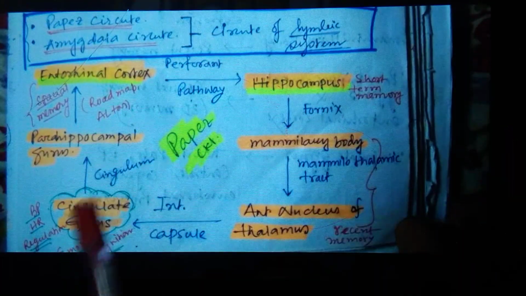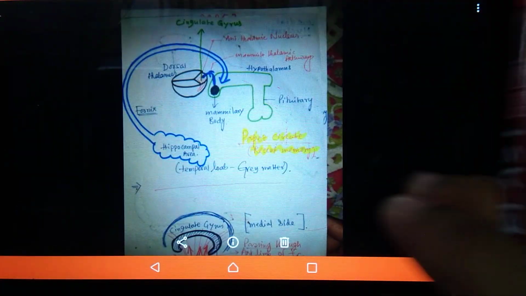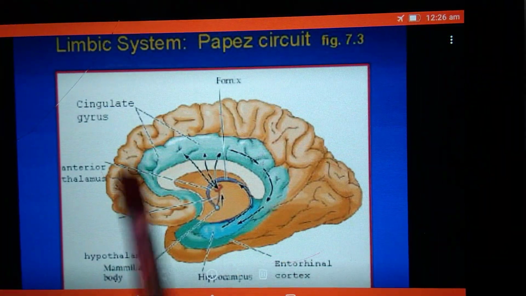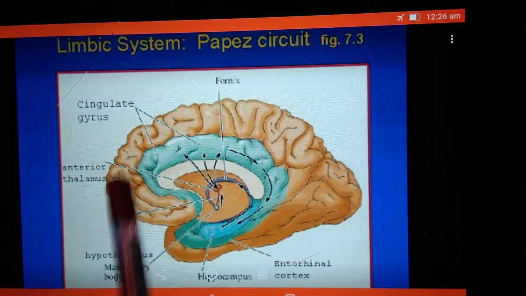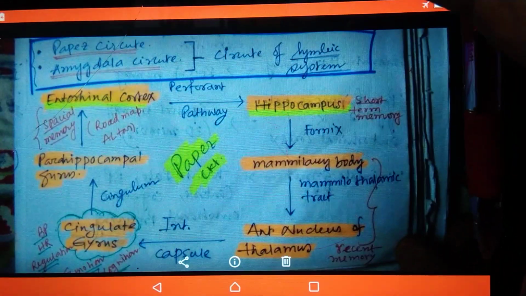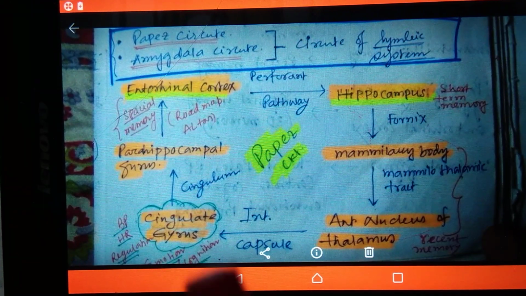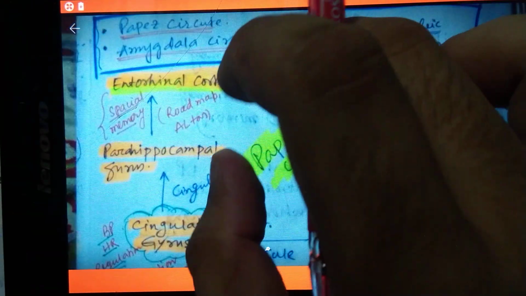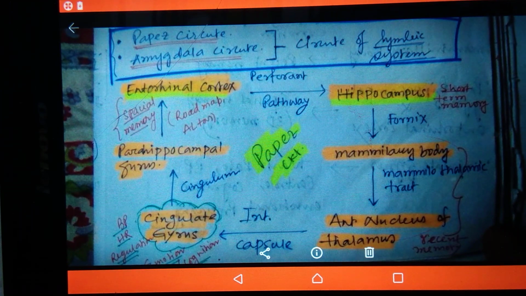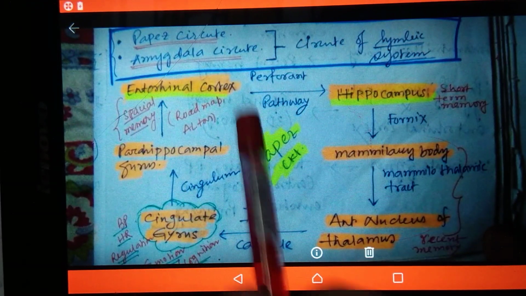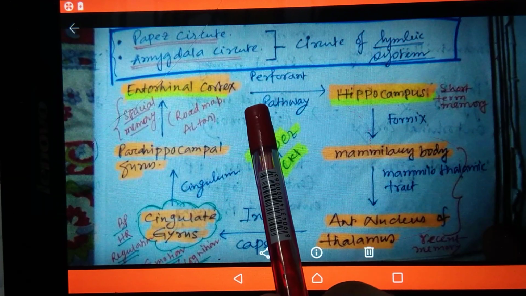And what is the function of the cingulate gyrus? The cingulate gyrus is located above the corpus callosum, and it is mainly related to blood pressure, heart rate regulation, and our various emotions. And what is the function of the entorhinal cortex?